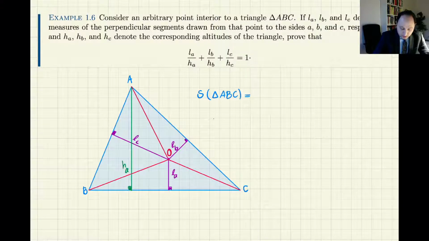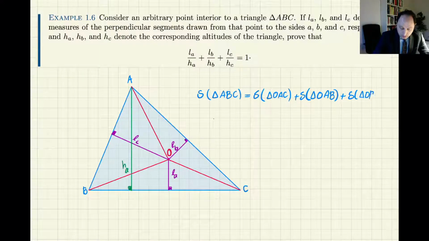Okay, so the area of the triangle ABC is equal to the area of triangle OAC plus the area of the triangle OAB plus the area of the triangle OBC.